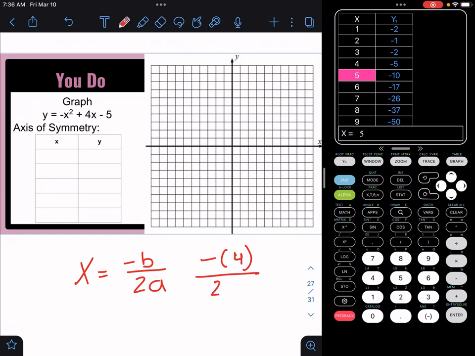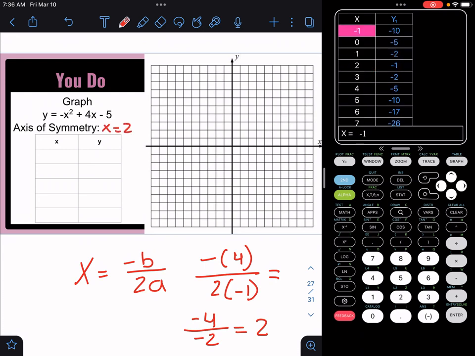And then 2, and our a value is the number in front of x squared, which is -1. This will leave us with -4 over -2, which means 2. So our axis of symmetry is x equals 2. That means that at x equals 2, that could be your middle point.